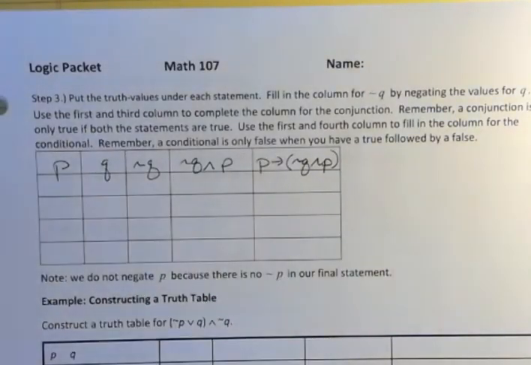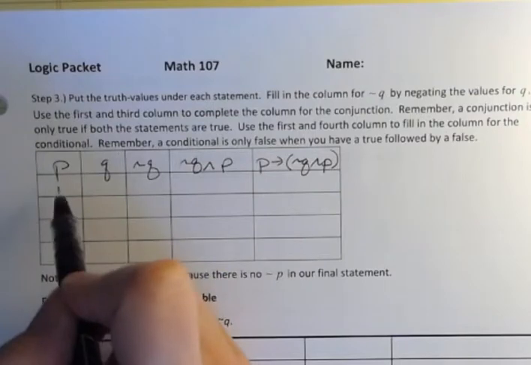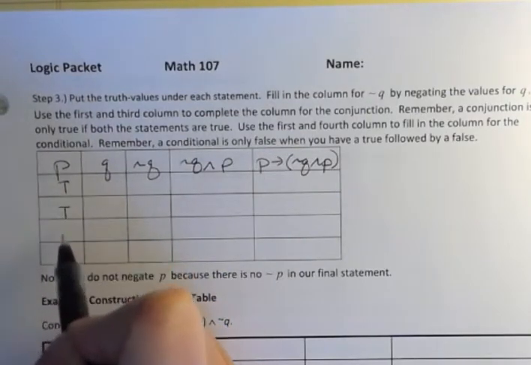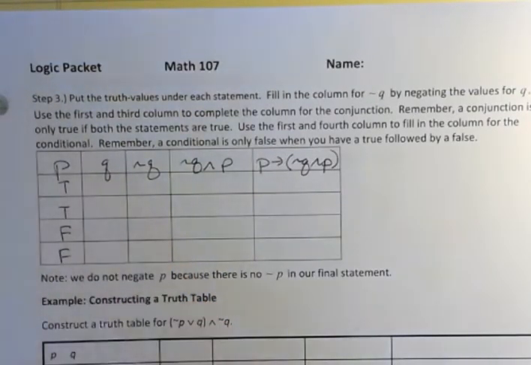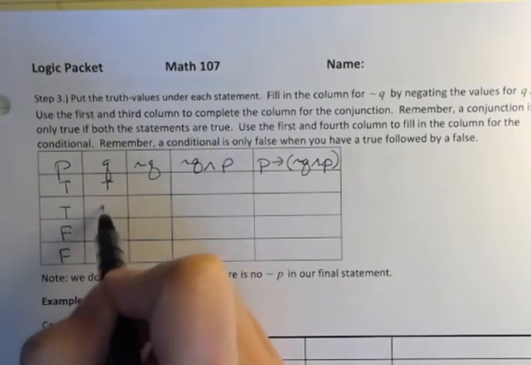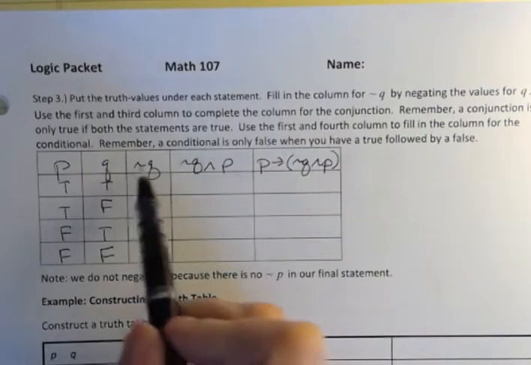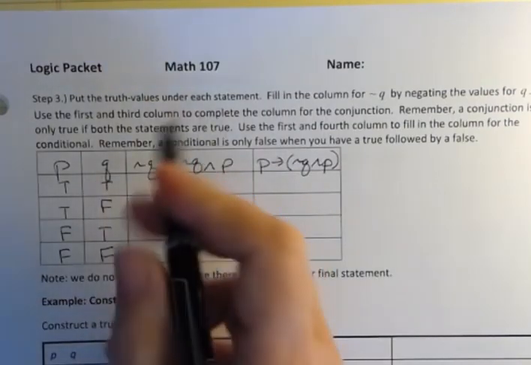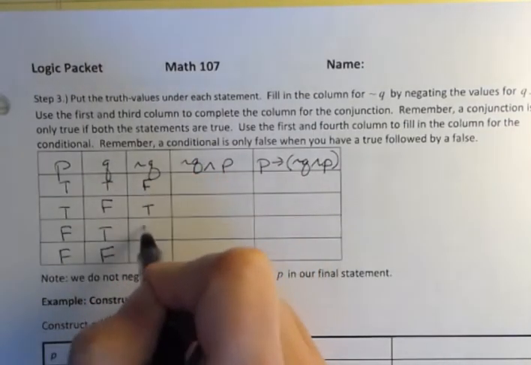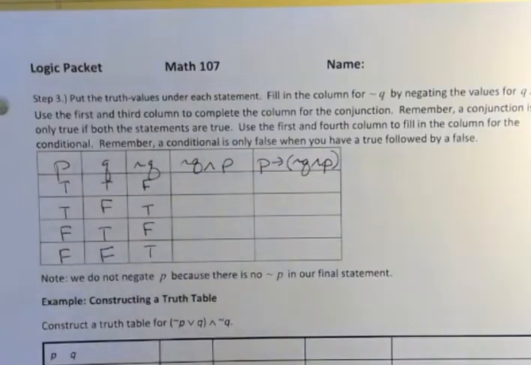So I'm going to have true, true, false, false, because that's what I always do. And then true, false, true, false. Now, not Q is just the opposite of what Q was, so that's going to be false, true, false, true. So those columns should be easy.